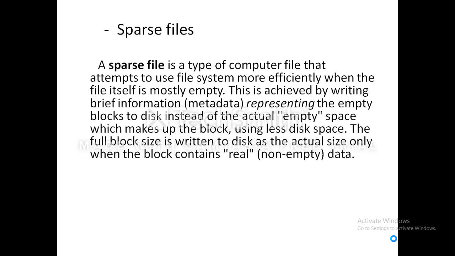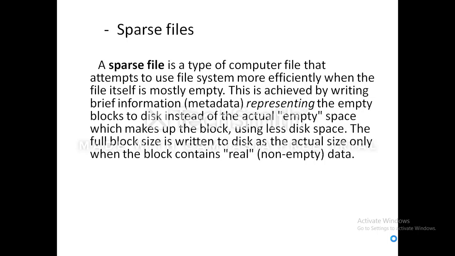Next, sparse files. What do you mean by sparse file? A sparse file is a type of computer file that attempts to use the file system more efficiently when the file itself is mostly empty. This is achieved by writing brief information, that is metadata, representing the empty blocks to disk instead of the actual empty space which makes up the block, using less disk space.